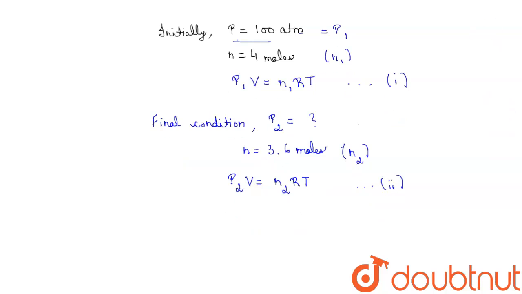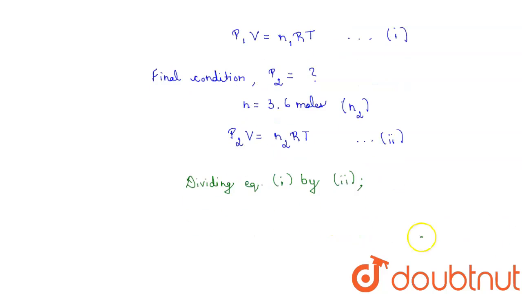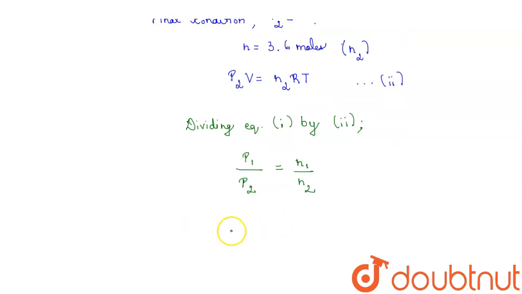Now what we'll do, dividing equation 1 by equation 2, right? And what we'll get, P1 by P2 equals N1 by N2, right? Now let's put the values.